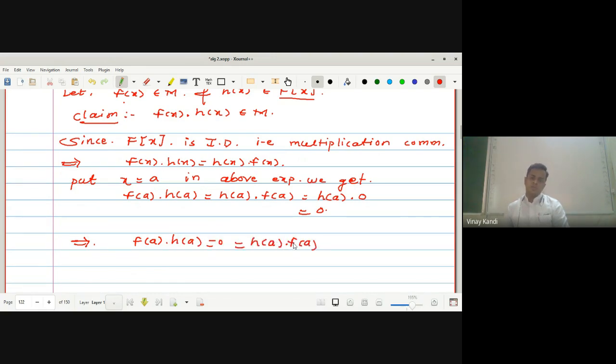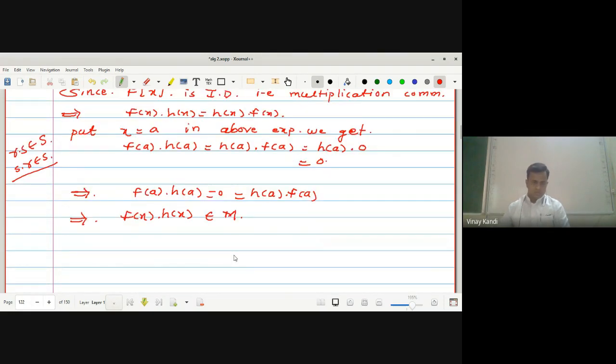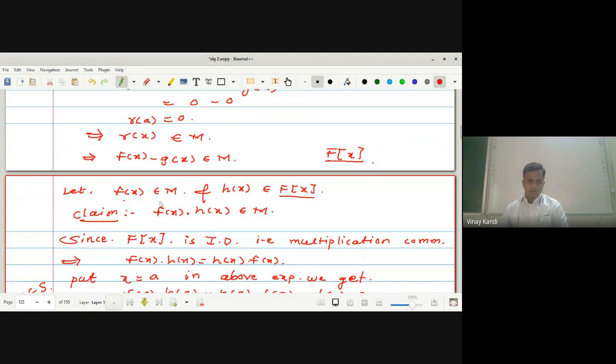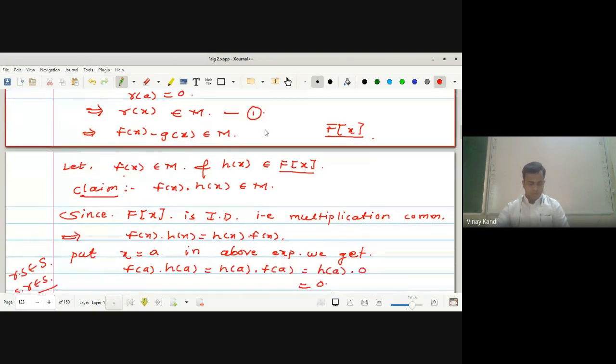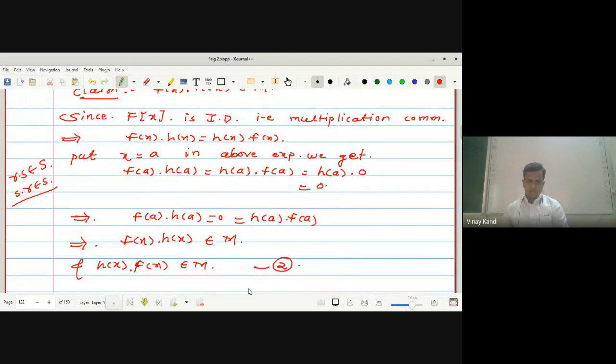Okay, just as r into s belongs to capital S, and s into r must also be shown, both have to be shown when proving an ideal, that is why it is taken like this. Okay, it is equal to 0. So this implies f of x into h of x belongs to M, and also h of x into f of x belongs to M. Give it equation number 1, this one is equation number 2.